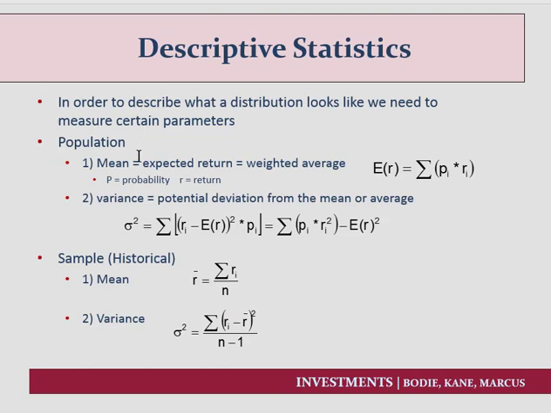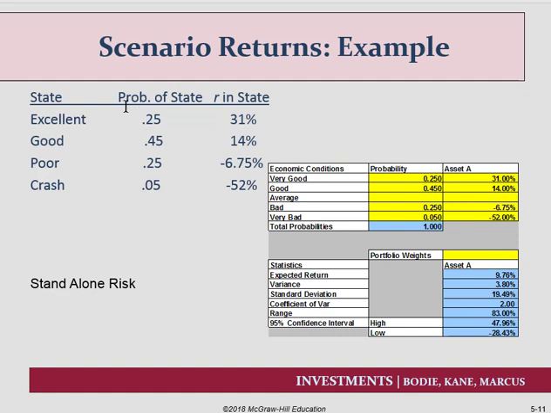So how do you calculate mean? Mean is quite simple, right? You find some probabilities and you look at some returns. So let me skip to the next slide and then we'll come back. Here's an example of a stock that we're thinking about investing in.